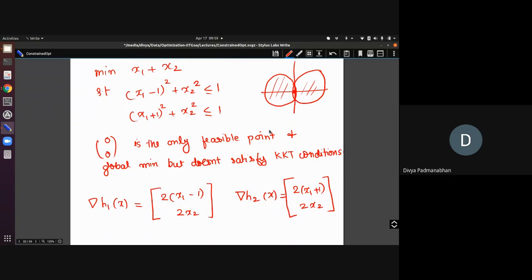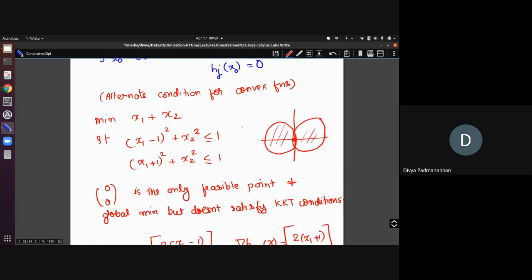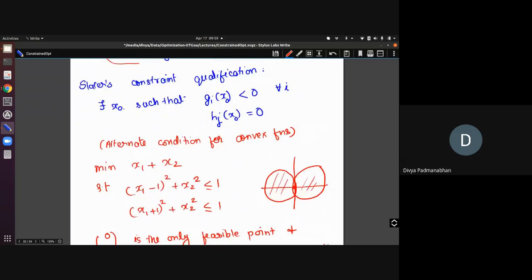But it is not an interior point, right? So at this point both the constraints are active. Okay, and so there is no Slater point here.